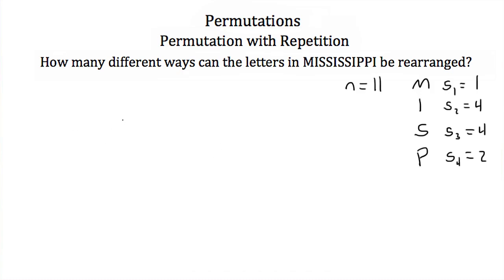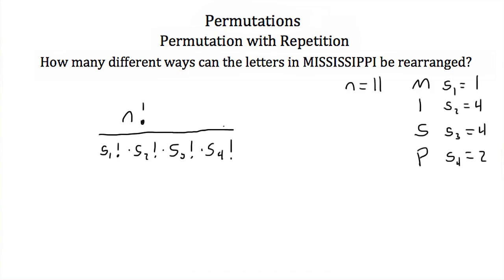So if we go back to our formula, where we have n factorial over, in this case we'd have S1 factorial times S2 factorial times S3 factorial times S4 factorial. So we have 11 factorial over 1 factorial times 4 factorial times 4 factorial again times 2 factorial.